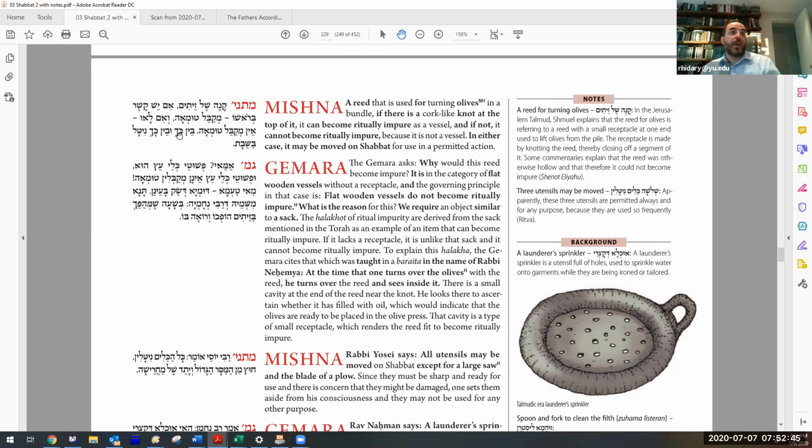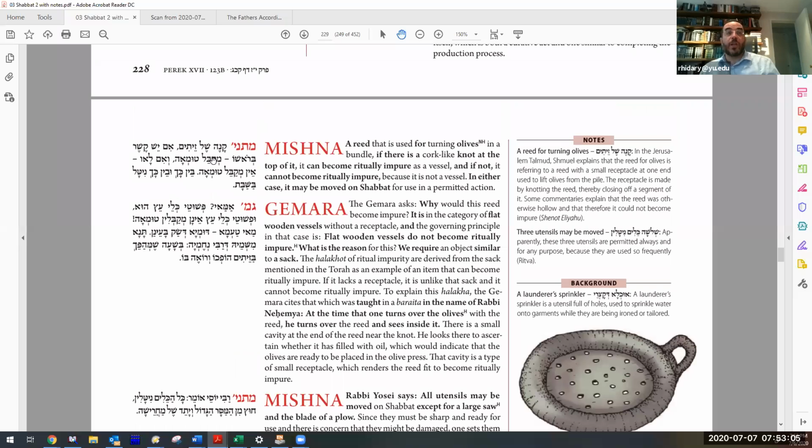Whereas for Shabbat, you're considering it a utensil no matter what. Even if it's just straight, it's still considered a utensil. So here again, for Shabbat, we're more expansive in our definition of what is a utensil than in laws of Tumah. Okay, this would seem to prove what Abaye said before, that you do make a distinction between the two categories.